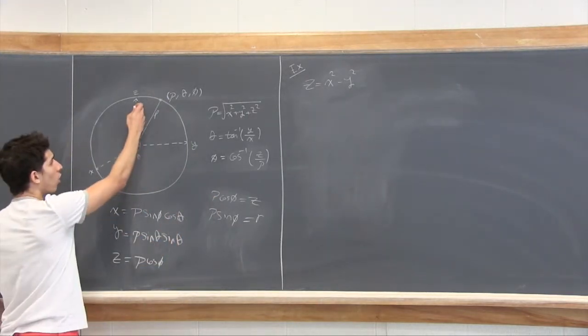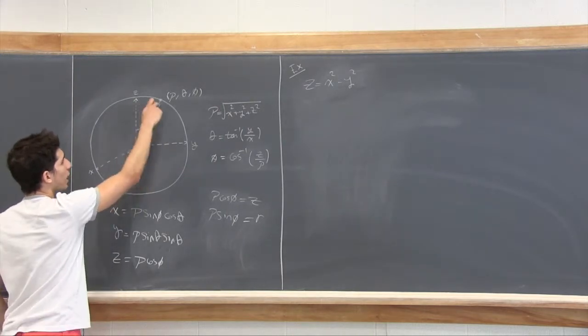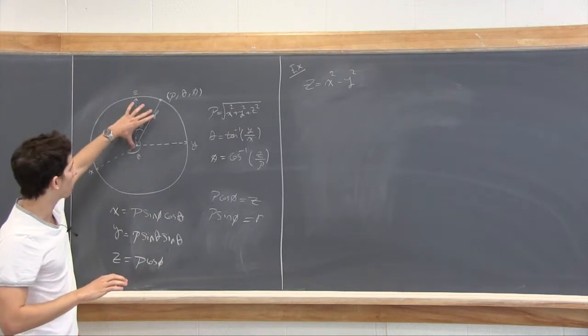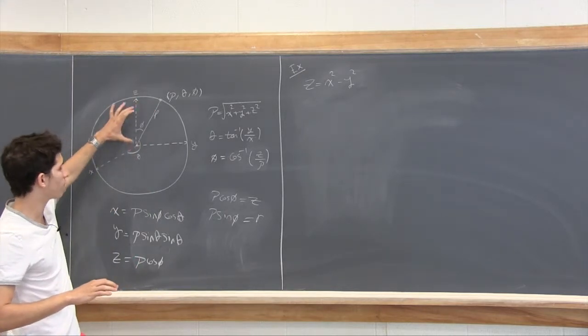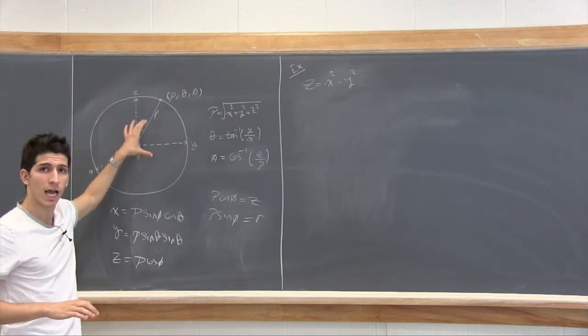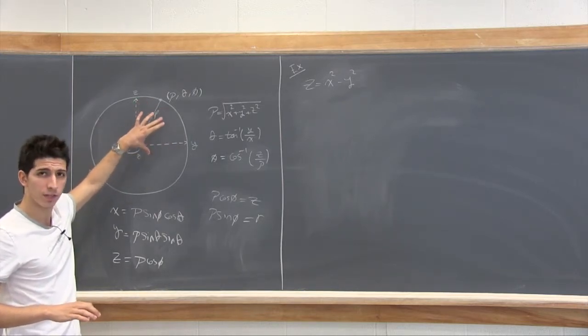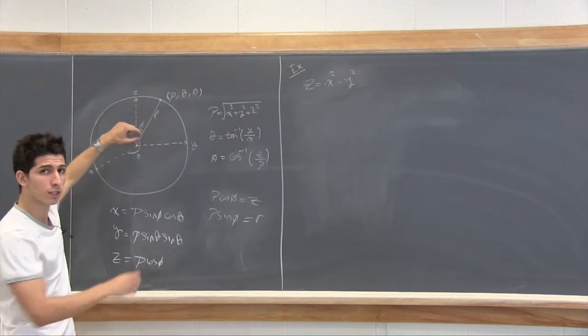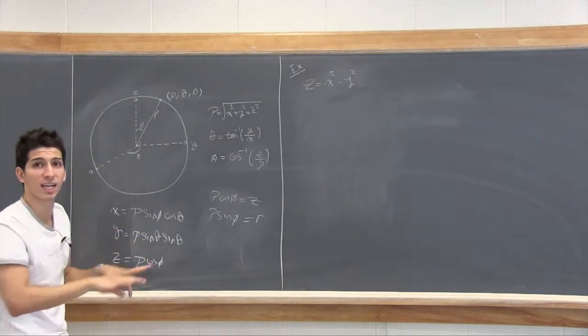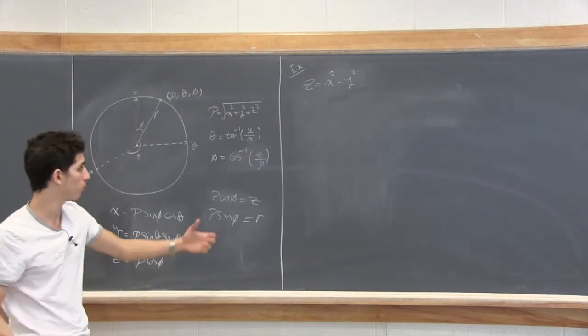And if I wanted to find r, it's just rho sine phi, because rho cosine phi is the component of rho that's going along z, and rho sine phi is the component of rho that's going perpendicular to the z-axis or in the xy plane, which is our r, right?